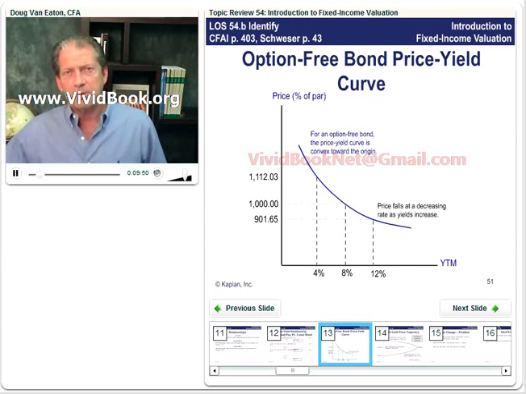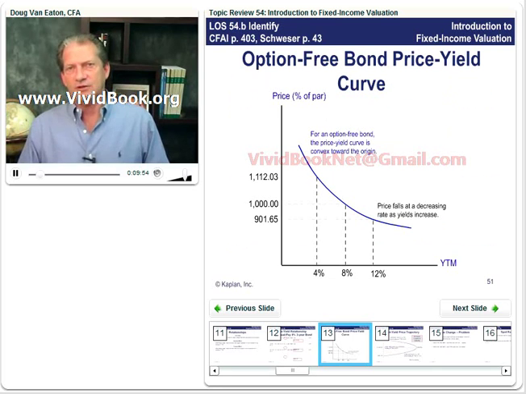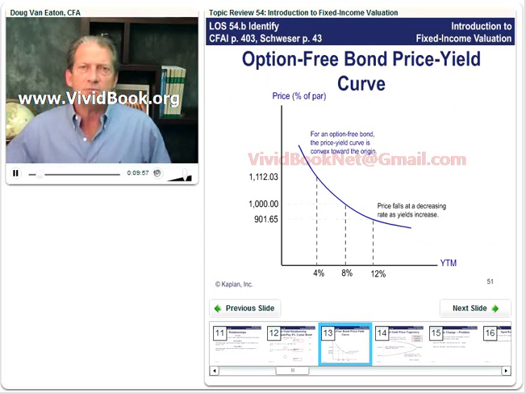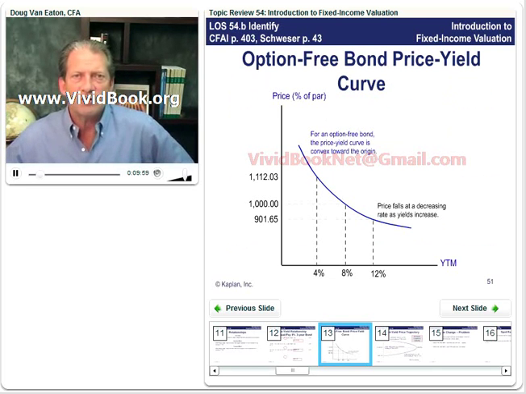And here's our picture of that convexity, or our representation of that convexity. It's a little bit exaggerated, but that's so you can see it well here. What does convexity mean? It means this price increase when yields go down by 4% is bigger than this price decrease when yields go up by 4%.